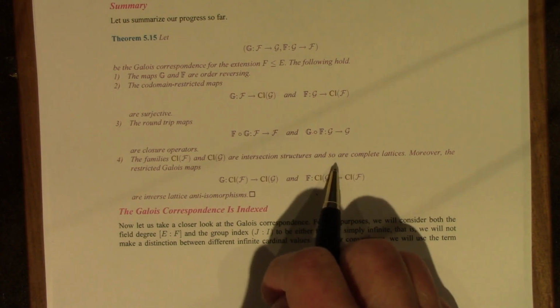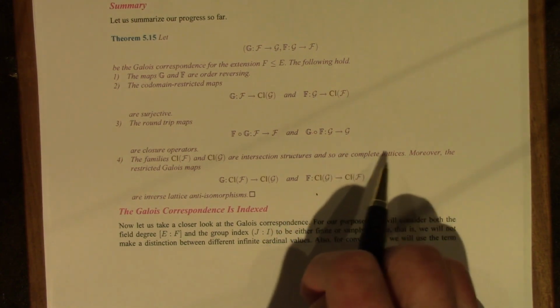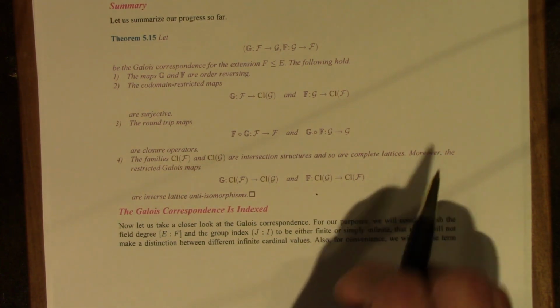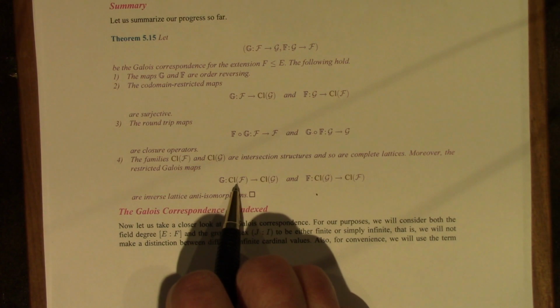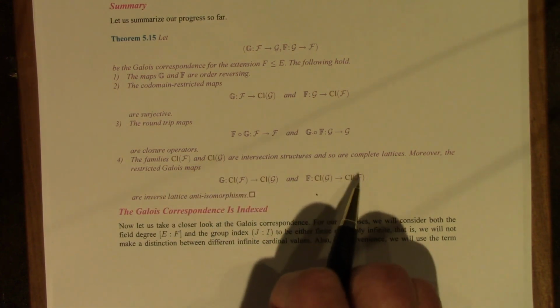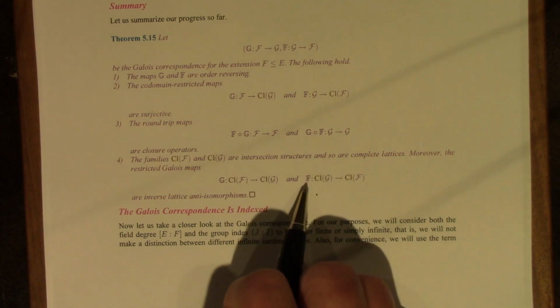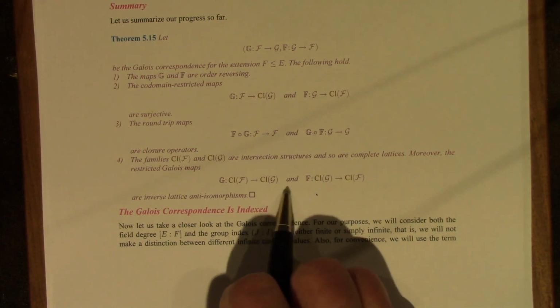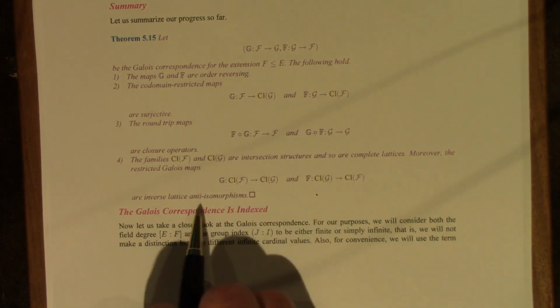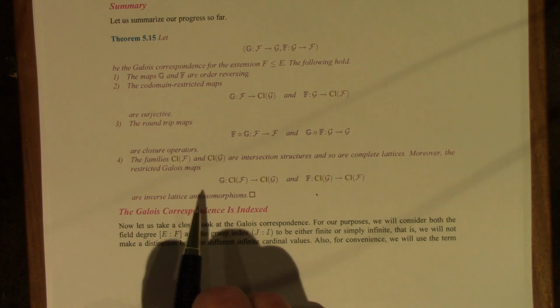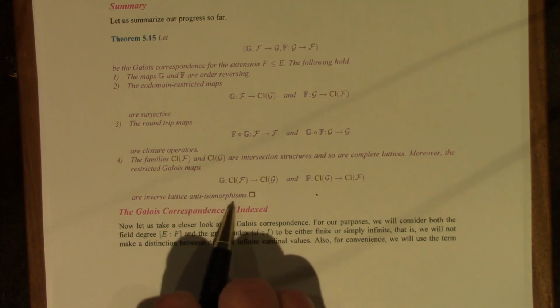Intersection of closed elements are closed, and so they are complete lattices, meet and join. Moreover, the restricted Galois maps, and by restricted I mean both domain and codomain are restricted to the closed elements, are inverse lattice anti-isomorphisms. It's the nicest property you could have for order reversing maps.